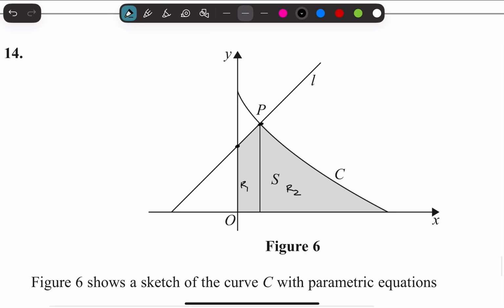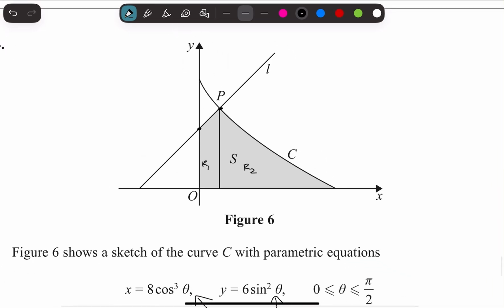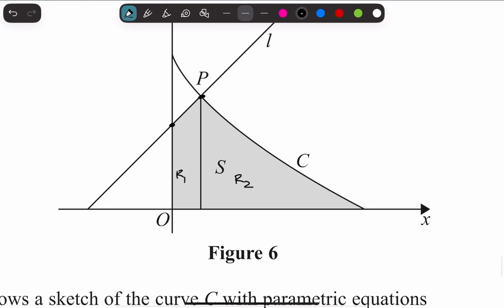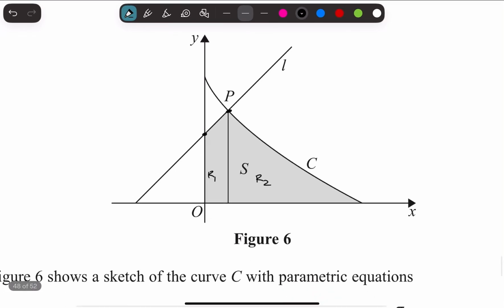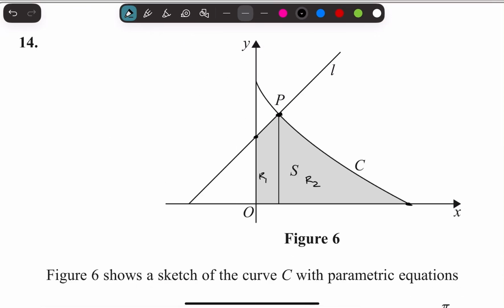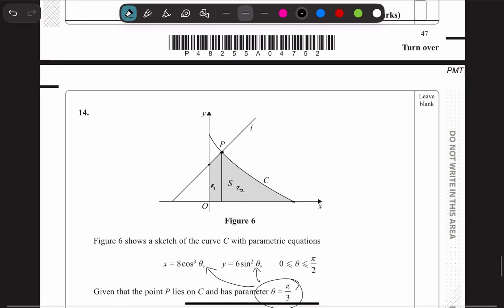So that's very easy, we can do that. Now in terms of R2, which is the parametric equation, we don't need to involve line L. We can just use parametric integration to integrate that. So we just need to find the limits here, and again use that same limit there as well. And then we can just add these together and find the area. So that's what we're going to do.